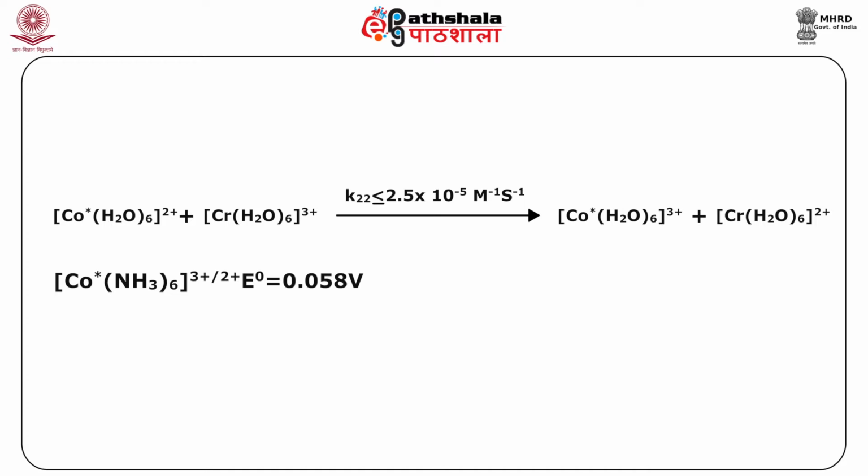A redox reaction has to be observed. You see after electron transfer, the isotopic chromium goes to +3 and the non-isotopic hexa aqua chromium becomes +2. So the redox reaction has taken place and the rate of reaction has been observed to be 2.5 into 10 to the power minus 5 mole inverse second inverse.